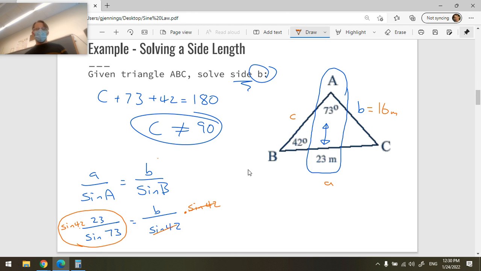Because B divided by sine 42 has to equal 23 divided by sine 73. To isolate B, you just multiply both sides by sine 42 and it comes over there. And then you find it. Therefore, B is equal to 16 meters. Does that look reasonable? This side would be a little bit shorter than 23 meters, but not by half?